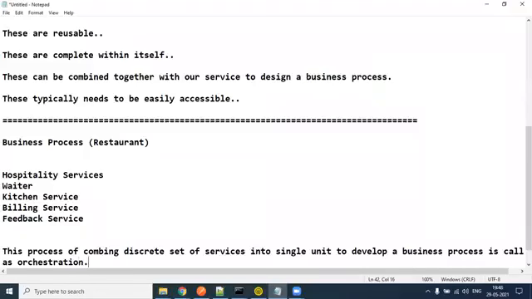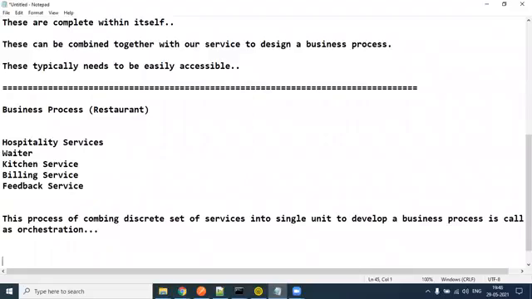Okay, this is called orchestration. When we combine different sets of services into a single unit to develop a business process, that is called orchestration. Now, what I was saying is when we develop these services, these definitely need to be combined together because eventually we want to develop some business processes. And this process is called orchestration.